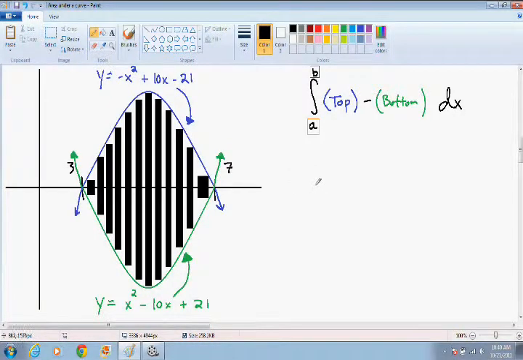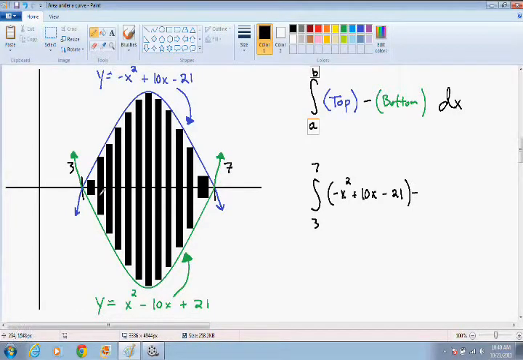So the area is equal to the integral from A, which is our low point of intersection, 3, to B, which is our high point of intersection, 7, of our top function, which is the function which all the tops of the rectangles touch, our blue function, negative x squared plus 10x minus 21, minus our bottom function.